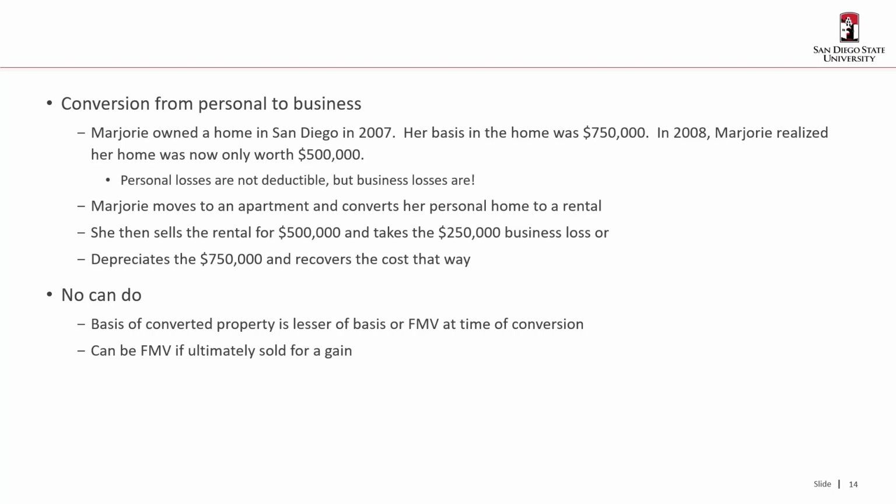Alternatively, she could just depreciate the whole thing and recover its cost that way. But either way, she would start getting these deductions. However, the tax rules prevent this from occurring. Instead, the basis of property converted from personal to business use is the lesser of the basis or the fair market value at the time of the conversion. It can be its fair market value if ultimately it ends up being sold for a gain.